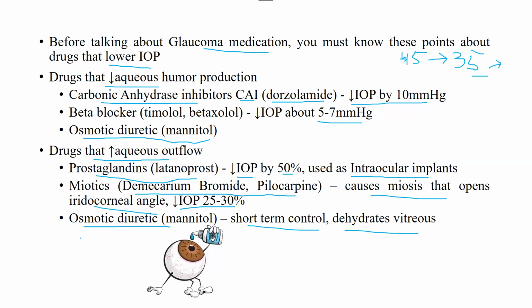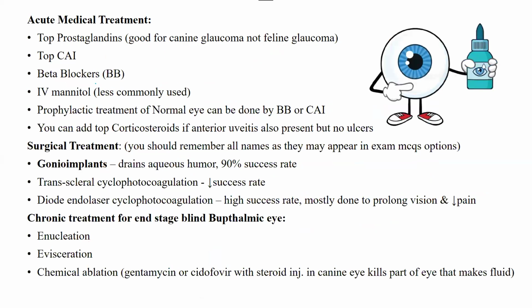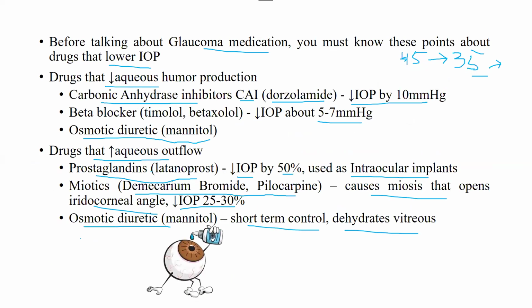Now let's move ahead. What is the acute, surgical, and chronic treatment of glaucoma? For acute treatment, you can use topical prostaglandins. They are good for canine glaucoma, but not for feline glaucoma. Why is that? Because in the previous video we saw that prostaglandins decrease 50% of the IOP.